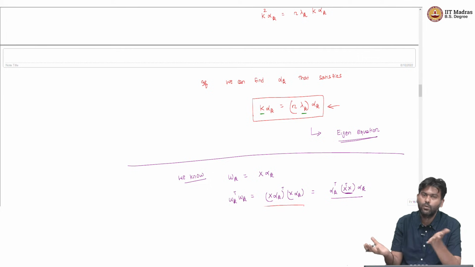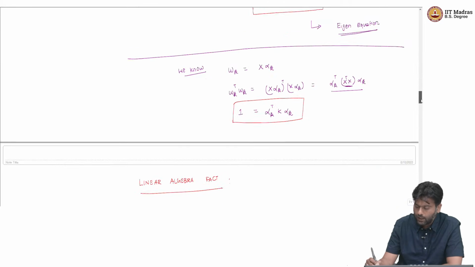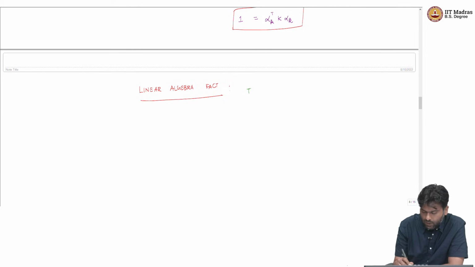How are these eigenvalues related to the eigenvalues that you would have gotten had you solved the eigenequation for X X transpose? That is the question we are asking, and the answer is this linear algebra fact. The non-zero eigenvalues of X X transpose and X transpose X are exactly the same.